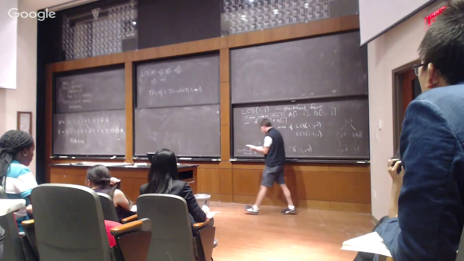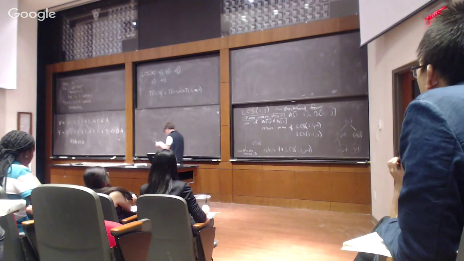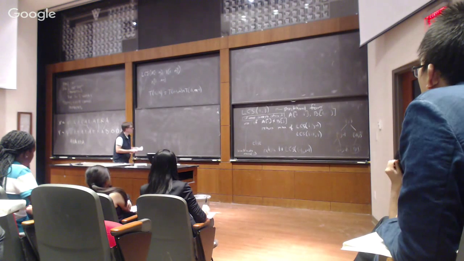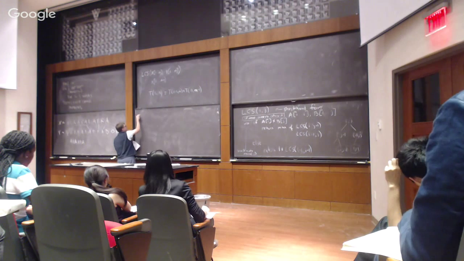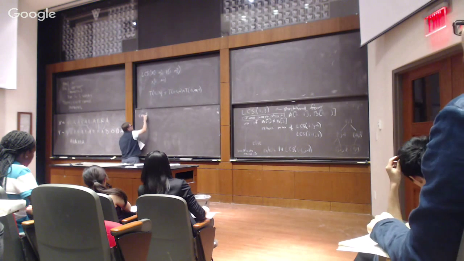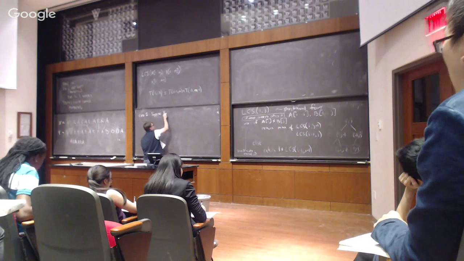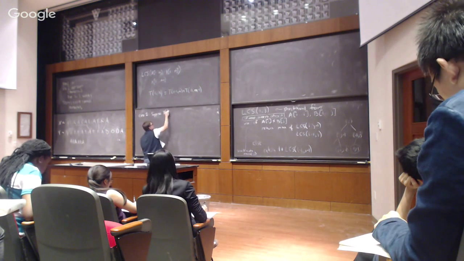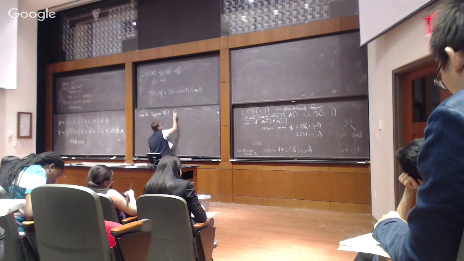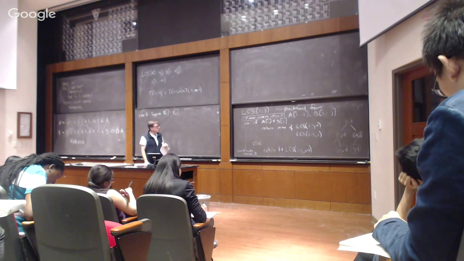So let's write out that proof formally. Let's do case 1. Suppose x_i equals y_j.